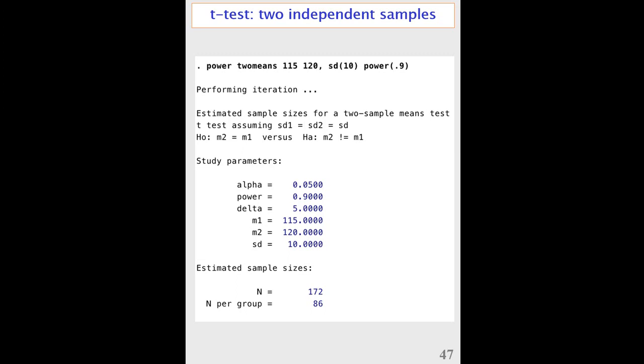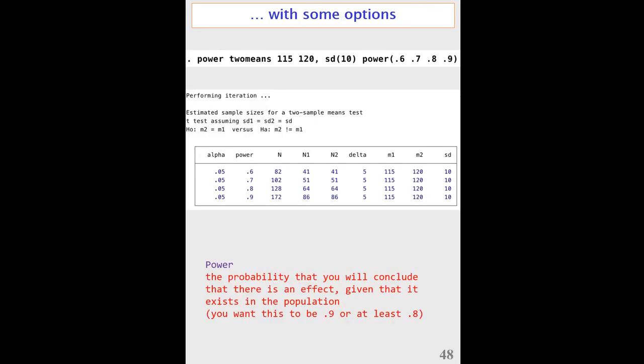Typically what you are trying to figure out if you do this in practice is, how large should my sample size be, and how bad would it be if I do a bit less, or how much would I win if I do a bit more. And the command allows this by, for instance, asking for this: give me power 0.6, 0.7, 0.8, and 0.9, so that I can compare how much better it gets as my sample size increases.